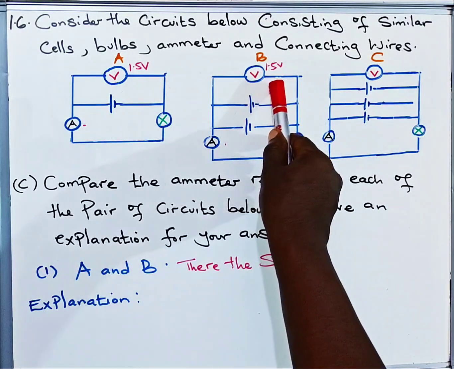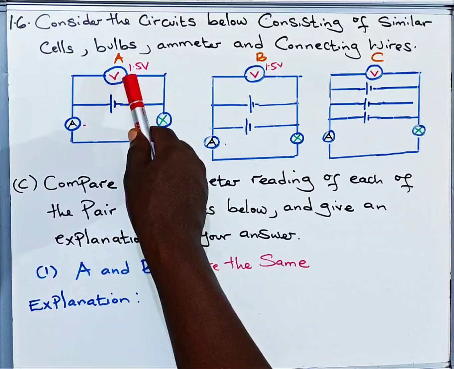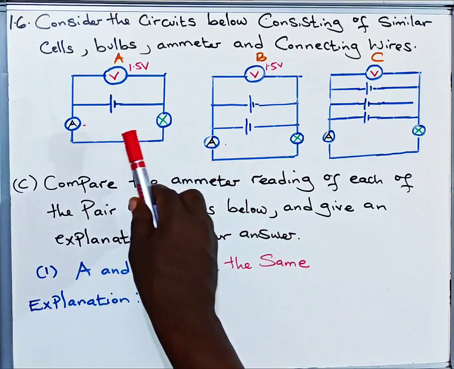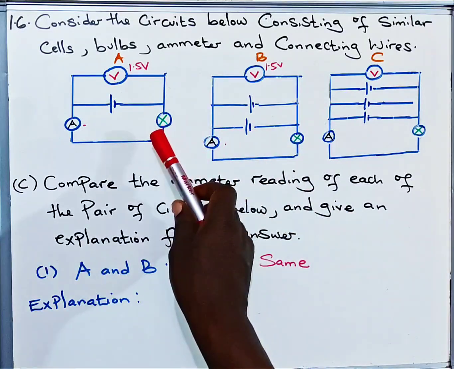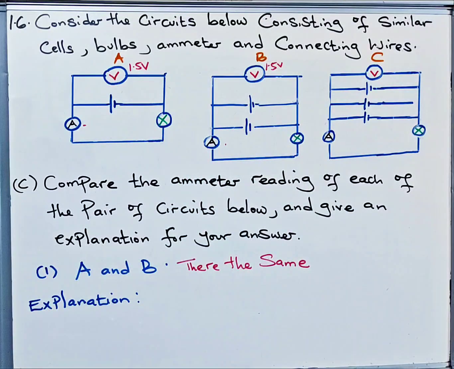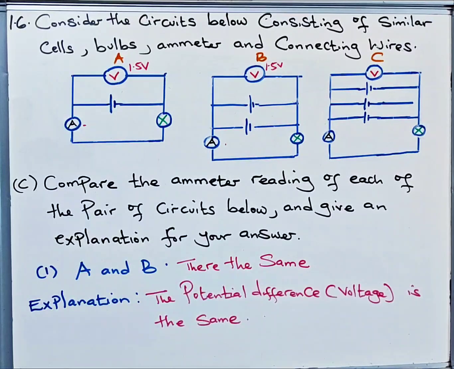So if this is 1.5 and this is 1.5, the ammeter reading is also going to be the same if the bulbs are the same. They are the same because the potential difference across is the same. The potential difference is the same, so is the current.